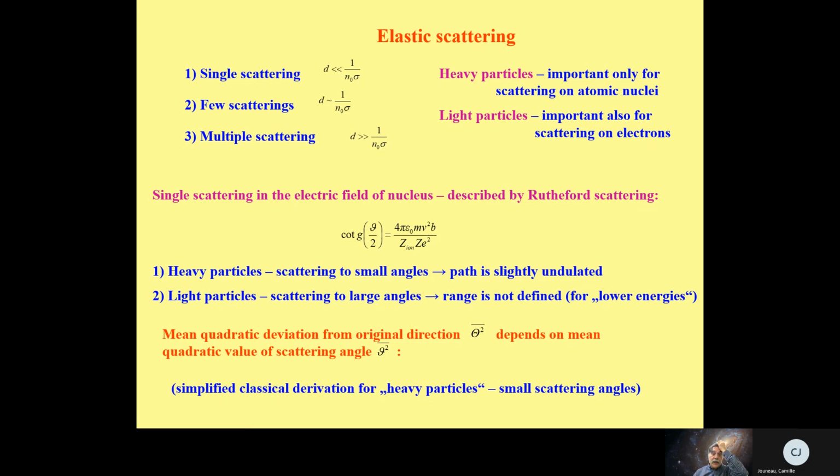It is necessary to calculate not the mean value of the scattering angle, but the square of it, because this scattering is possible in any direction, not only in one.